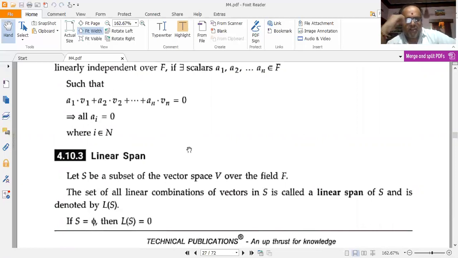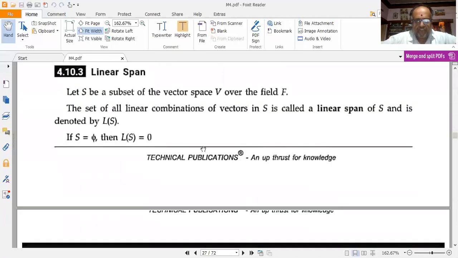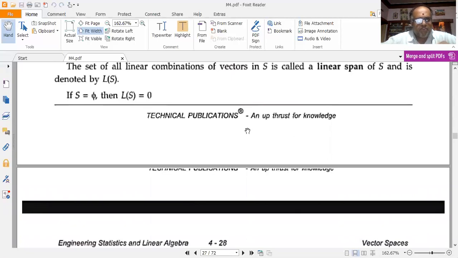So let S be a subset of the vector space V over the field F. Then the set of all linear combinations of vectors in S is called the linear span of S and is denoted by L of S. Please note that S is a subset of V over the field F. Suppose S is equal to the null set, then there is no possible linear combination, so the number of possible linear combinations is equal to 0.